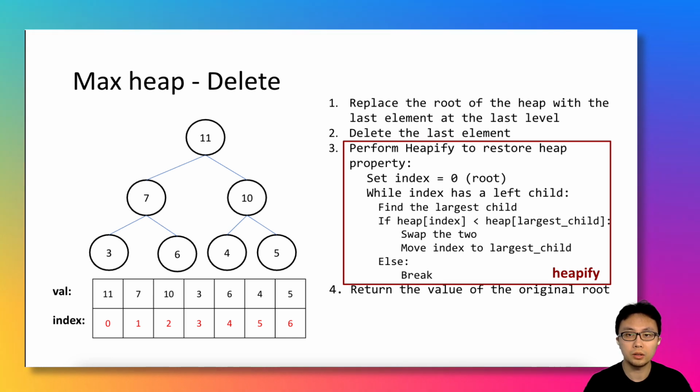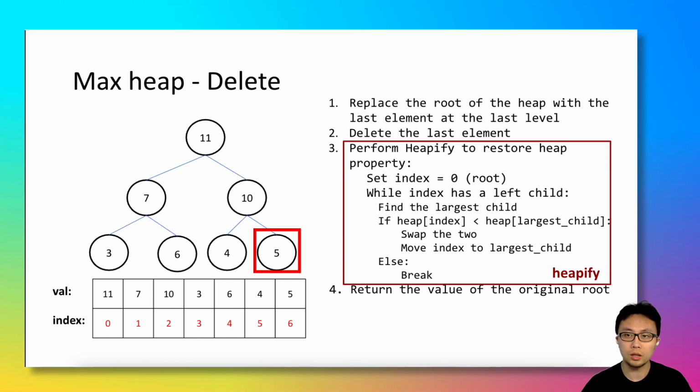Let's try to apply these 4 steps to the example max heap sitting on the left side. Our goal is to delete the root node, but instead of plucking it out of the heap, we would approach this by replacing the value of the root node with that of the last node.